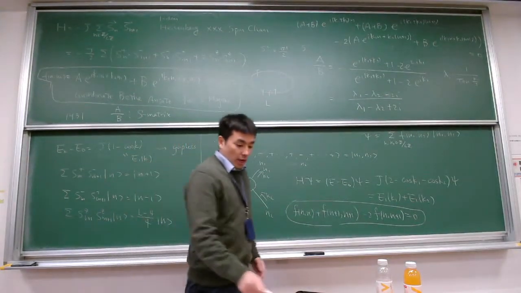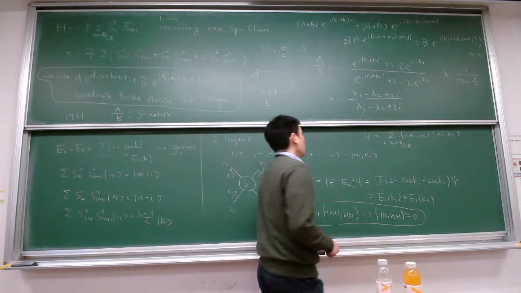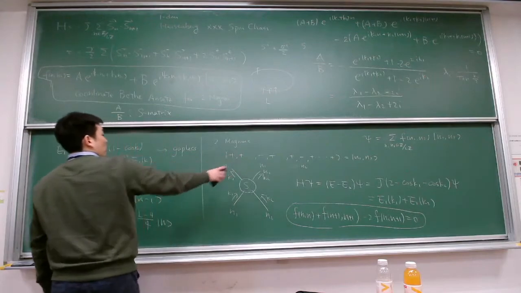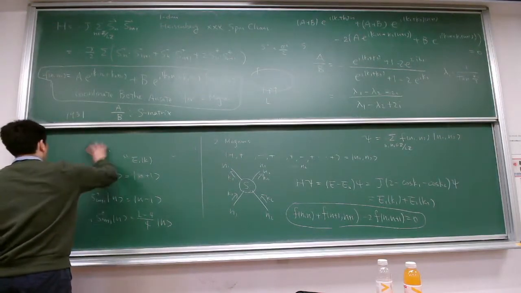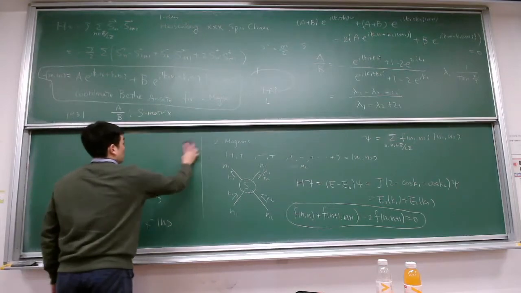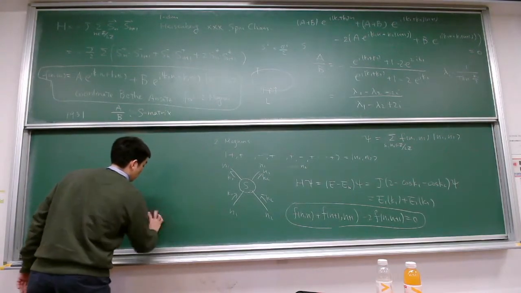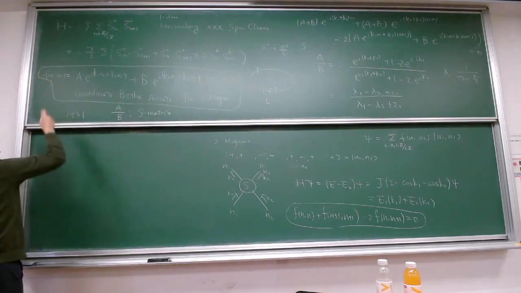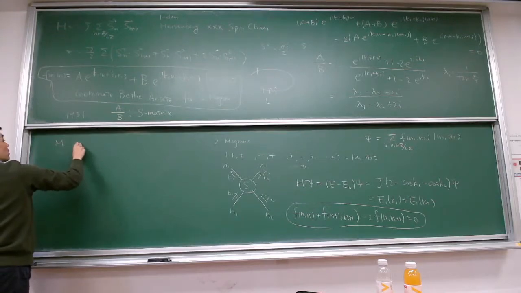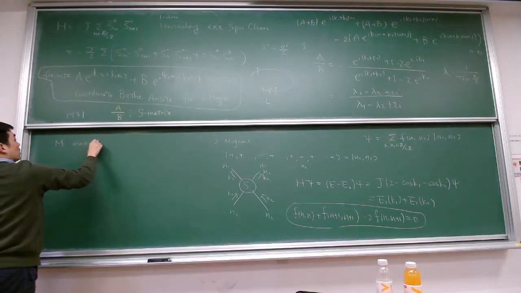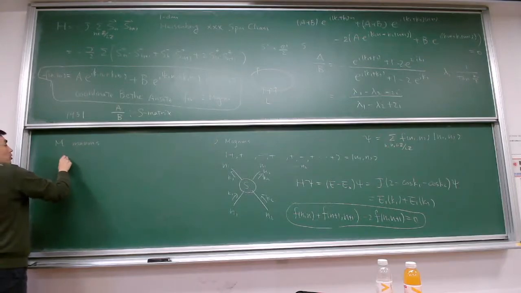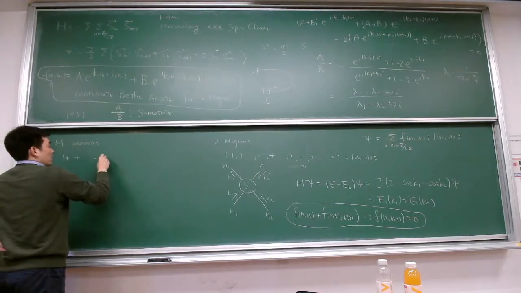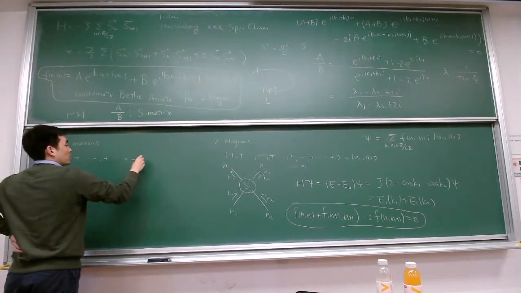Okay, and we want to generalize this one into n magnons. So this is two magnons, and our goal is to generalize this one to n magnons. Again, you have whatever plus, and also plus, but anyway minus and plus, plus and minus.